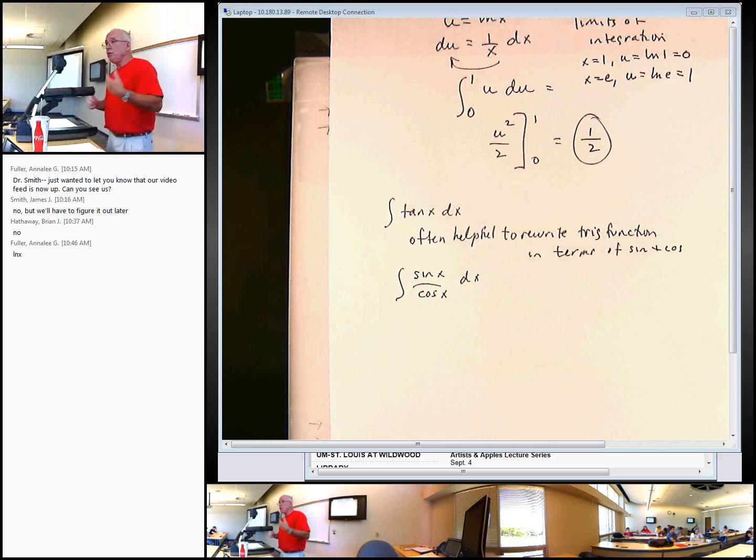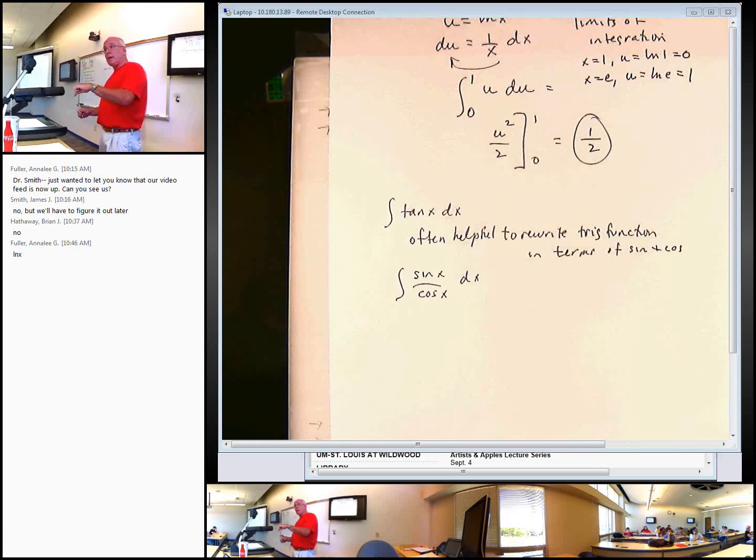And now, if you know that the top can be seen as part of the derivative of the bottom, because we know that the derivative of the cosine on the bottom is negative sine, so having the u equal to the bottom function is going to lead right to 1 over u du as our integral.